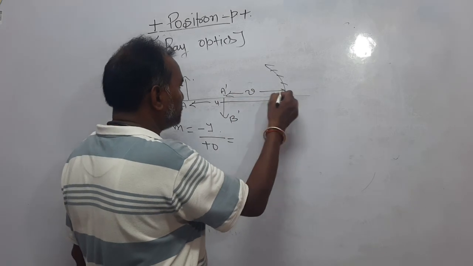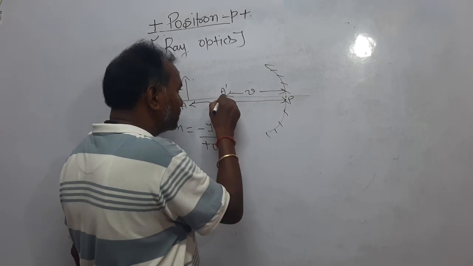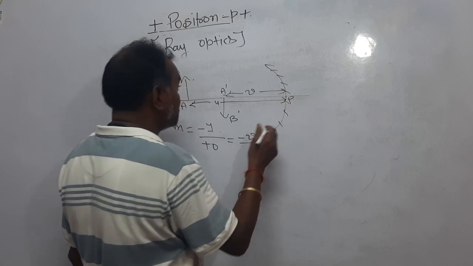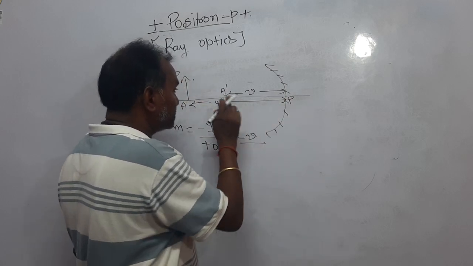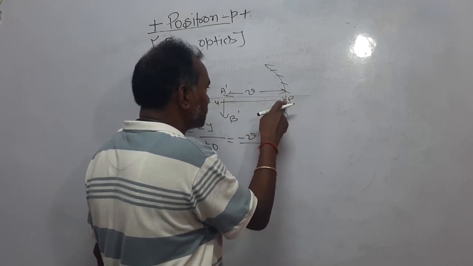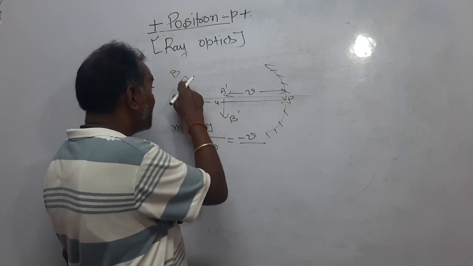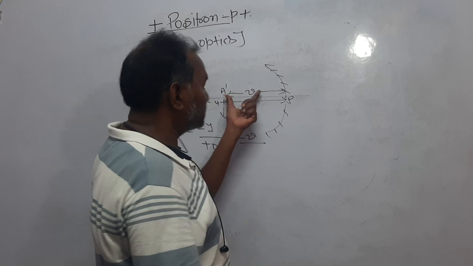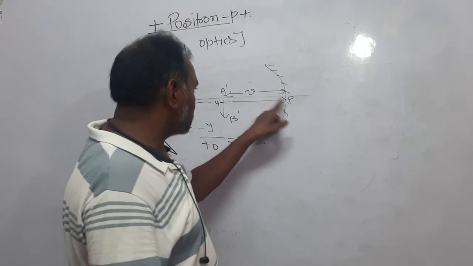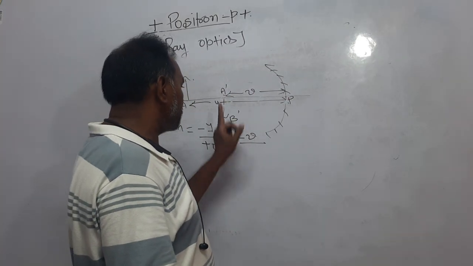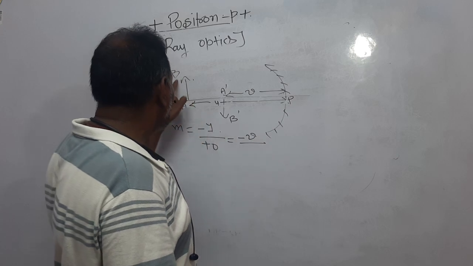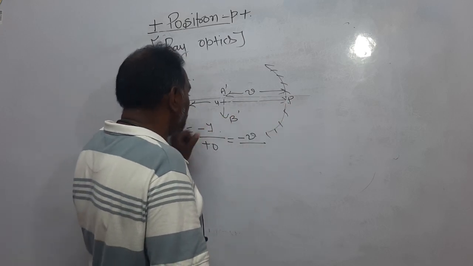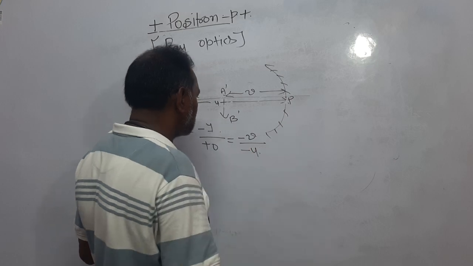Now distance of image is this. This is also left to the pole, so I consider negative, and this is the distance of object from the pole, it is again left, and thus this is minus u.